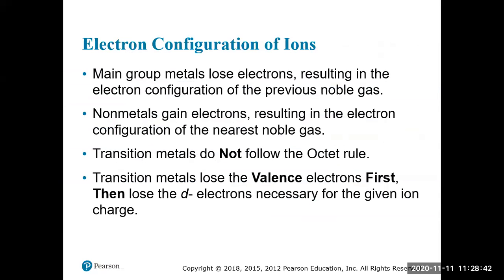The octet rule works great for those A group elements, but when we get to the transition metals, it doesn't follow the octet rule. The transition metals lose valence electrons first, then lose the d electrons necessary for a given ion charge. So lose valence electrons first, then start losing d electrons.